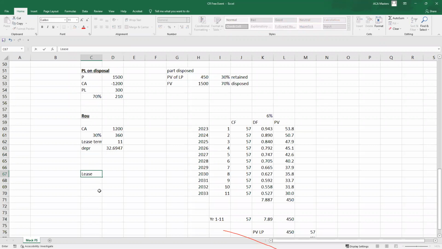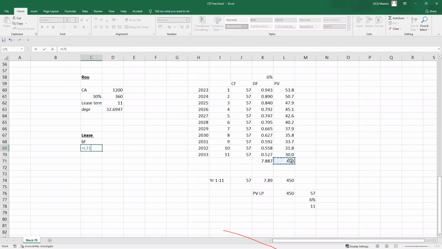And then we've got, of course, the lease liability on the SFP, and we've already worked out what that is. Under amortized cost, it's always the present value of those future payments, which we've already worked out, and then there'll be an interest expense every year minus the amount which is paid, and then we'd get to the carried forward amount.